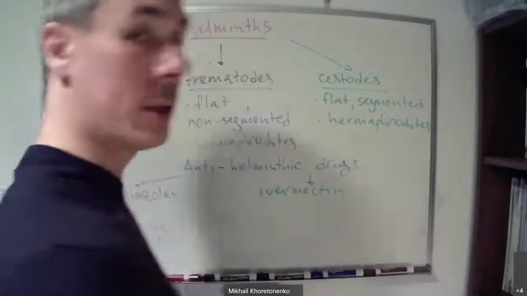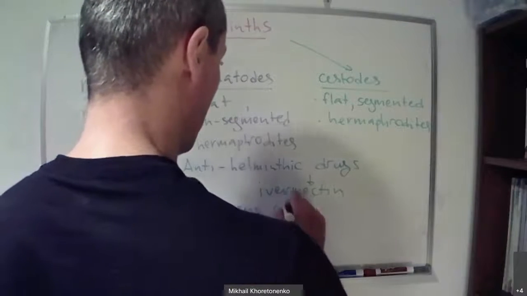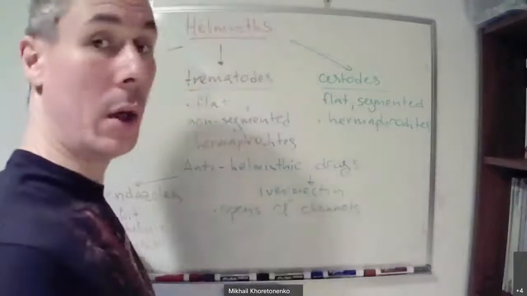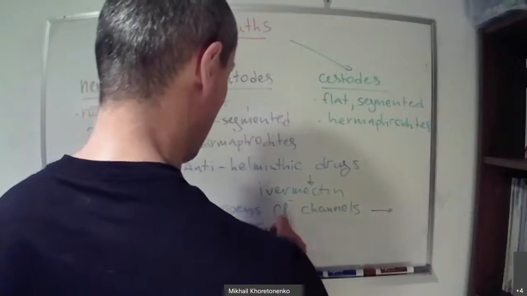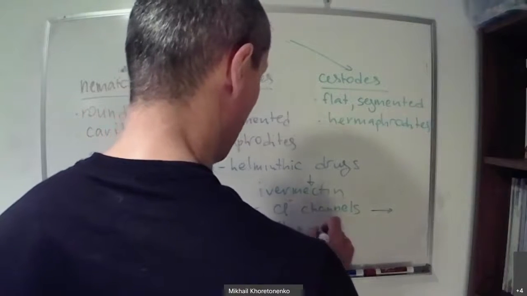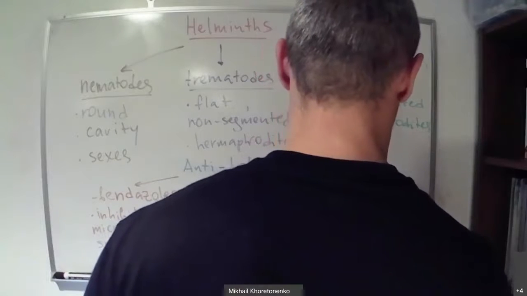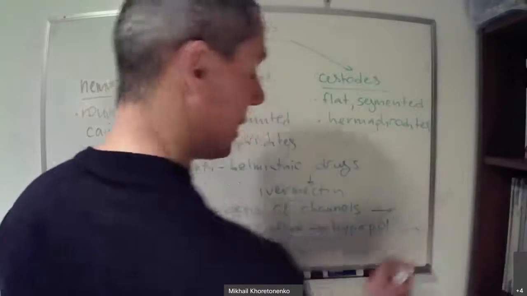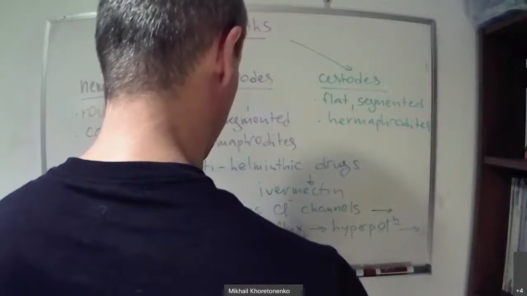So ivermectin binds to the chloride channels, and it opens chloride channels on the worm cells, which leads to the chloride influx, which leads to hyperpolarization, and hyperpolarization of worm cells leads to the paralysis of the worm.